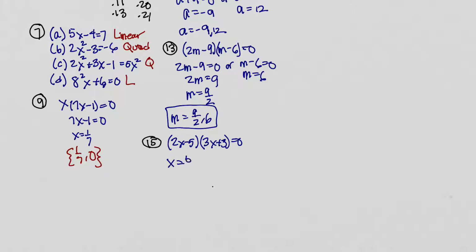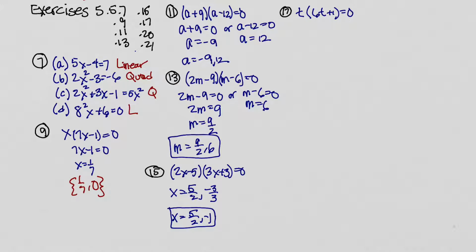So I'm going to get 5 over 2, and from this factor over here, I'm going to get negative 3, right? Change the sign of the constant, divide by the coefficient. So I'm going to get negative 3 over 3, which I can reduce. So let's say our solution to this equation is 5 over 2 and negative 1.